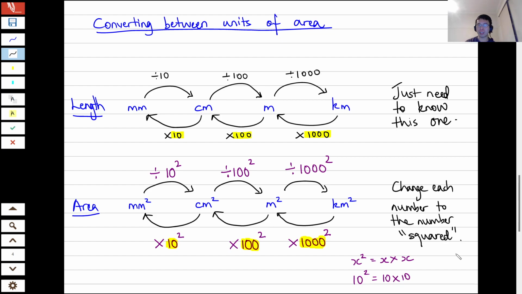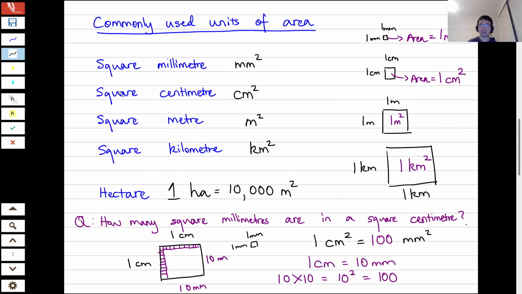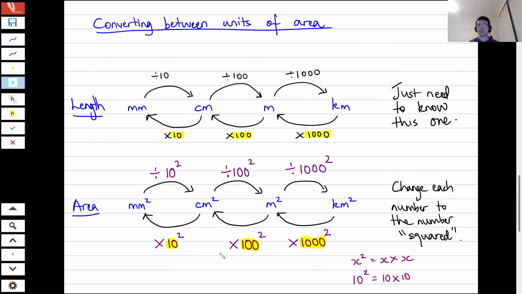Why do I square the number? It's the same reason as in the argument here. Okay, so that's the reason why. If you had trouble following that, don't worry about it. Just remember this rule here: square the factor if you're converting area instead of length. So make sure you've got this in your bound reference.